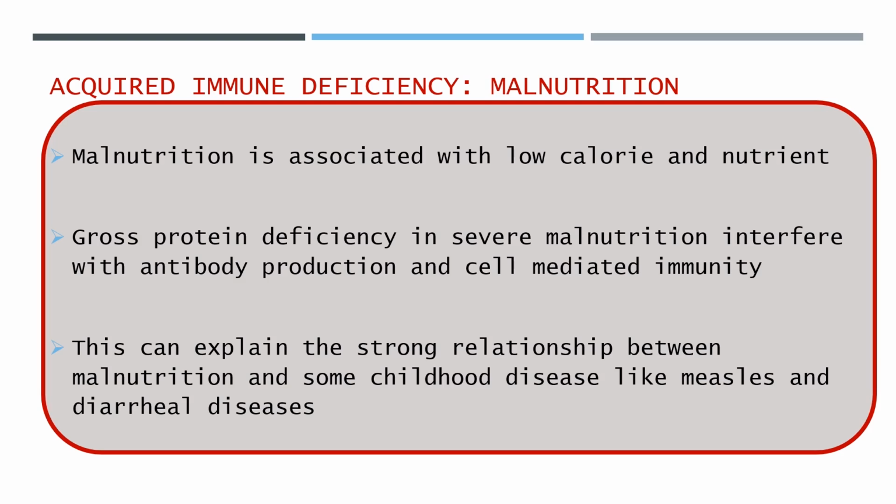This can explain why malnourished patients are usually unable to mount any form of immunity against invading microbes, and that is why children who have malnutrition are more likely to develop diseases like measles and diarrhea, because of the low level of immunity associated with malnutrition.